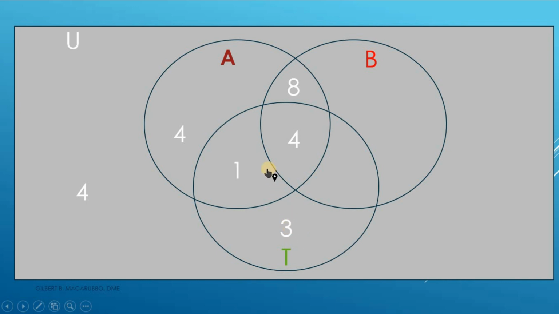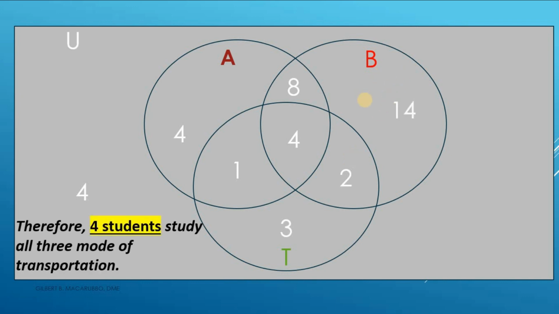Okay, so we have now 1, 2, 14. Okay, so kung paano nakuha yung mga number na yan, so diba 4 yung ating intersection.